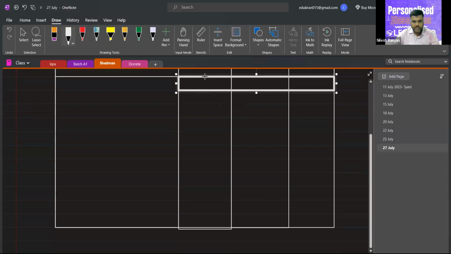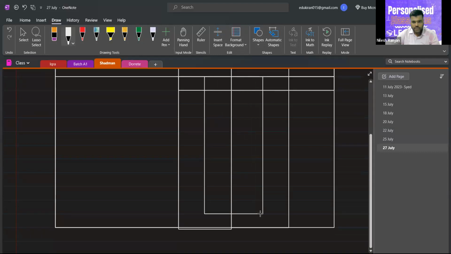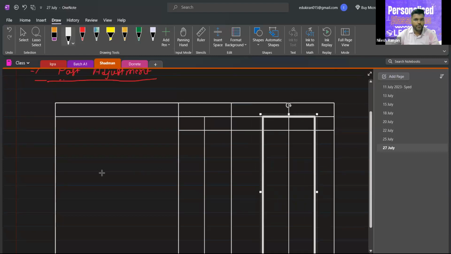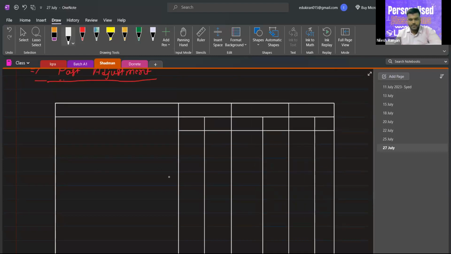Now you have to divide every partner column into two parts, and also the firm column. So this is how we will prepare our table.